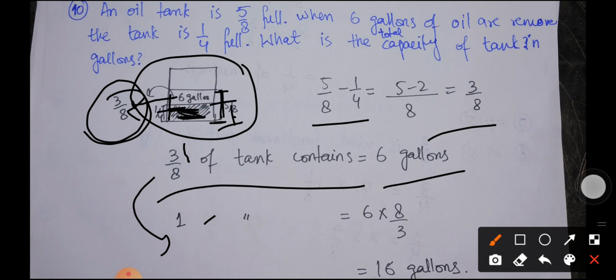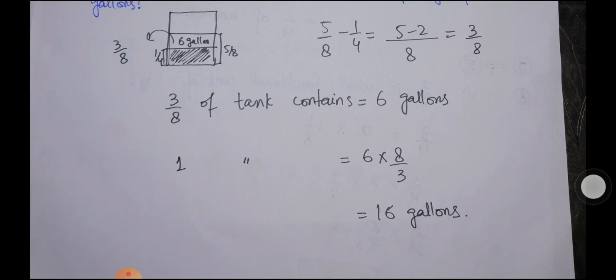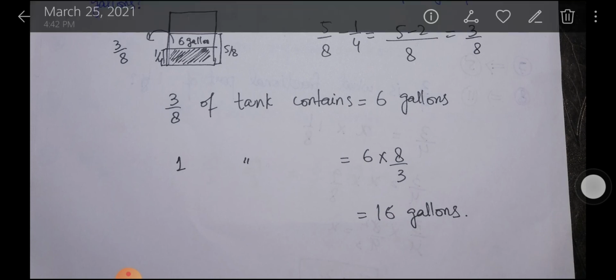So we can say that 3 by 8 of the tank contains 6 gallons. So for 1 tank, we are going to have 6 into 8 by 3. This 8 is multiplied over here, this 3 is divided over here, and by solving it we can get 16. So 16 gallons is the total capacity of the tank.